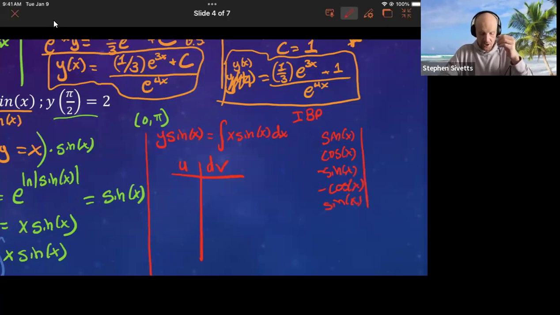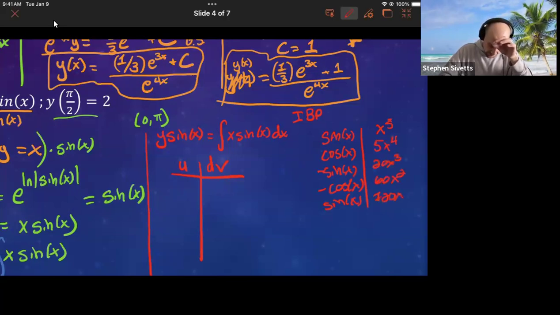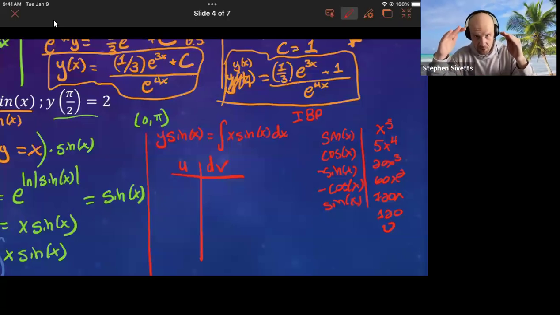But when you differentiate a power on x, let's say x to the fifth, we'll have 5x to the fourth, then 20x cubed, then 60x squared, then 120x, then 120, and then 0. So with a power on x, it terminates to 0 at some point.